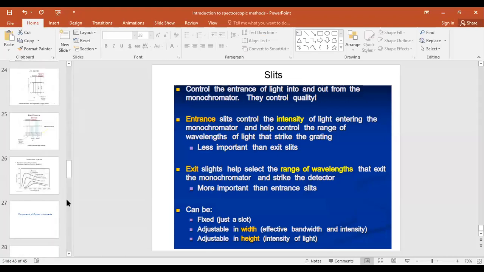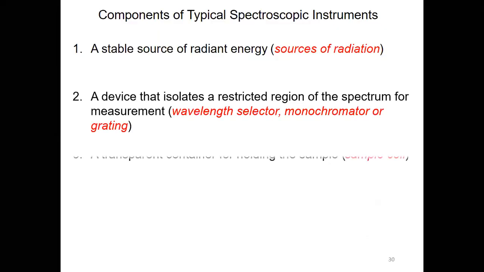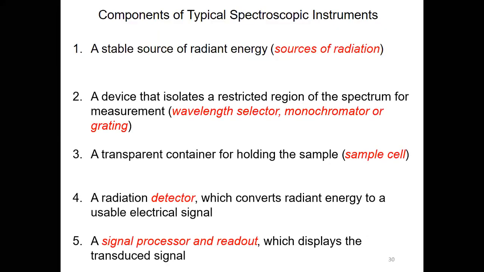Not the source, sorry, we already discussed the sources and wavelength selectors. What we have to discuss is sample cells, detectors, and the signal processor. Let's discuss these three next day, right?